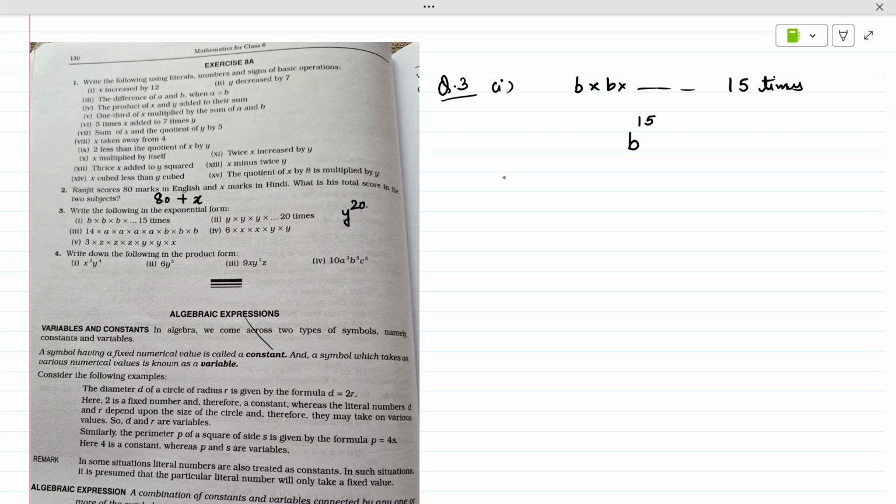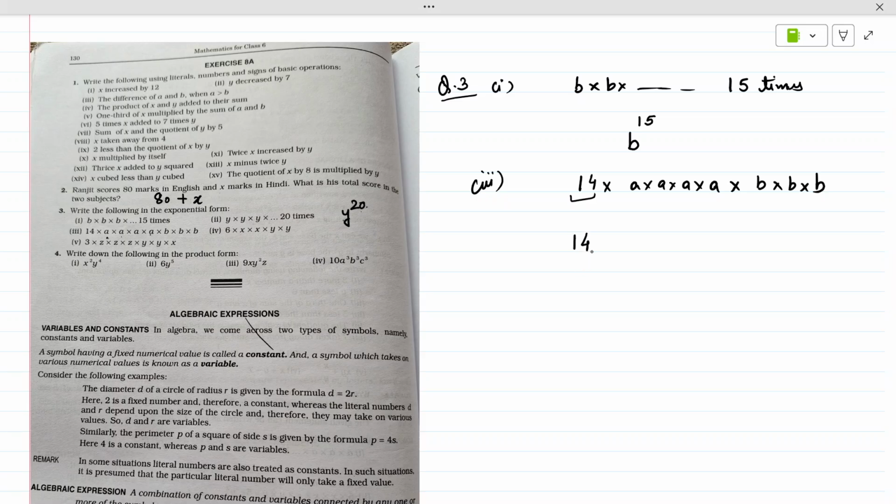Yeah. Next, question number 3 I'm doing here. We have 14 multiplied with a how many times? 1, 2, 3, 4. So I'm writing a 4 times here, and then we have b 3 times, 1, 2, 3. What we have to do is write this in exponential form. This 14 will be as is.